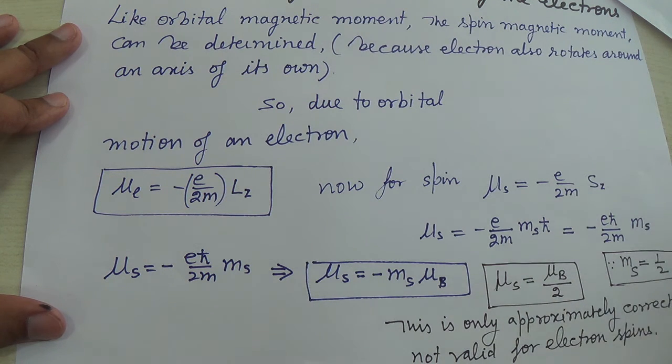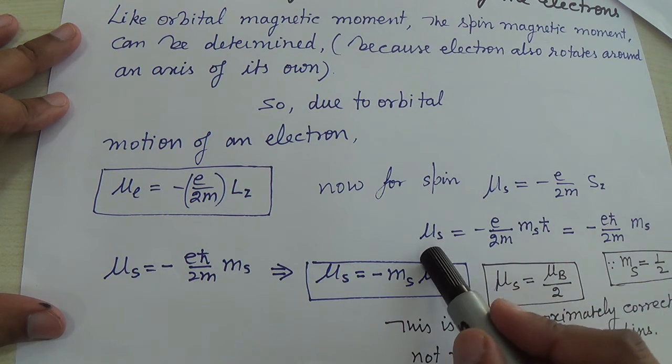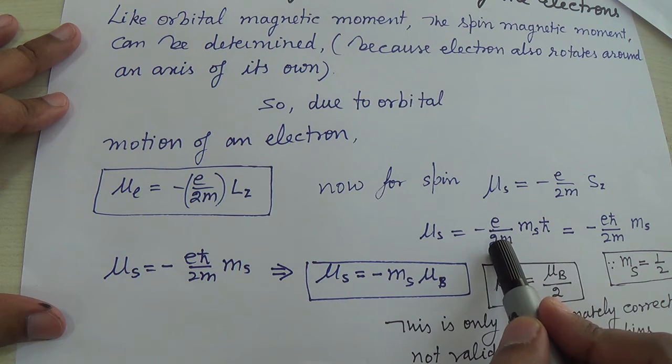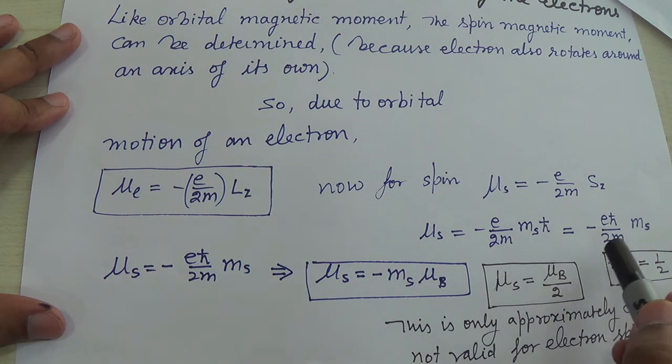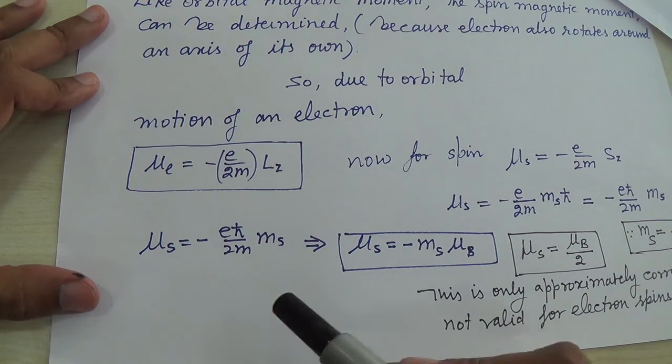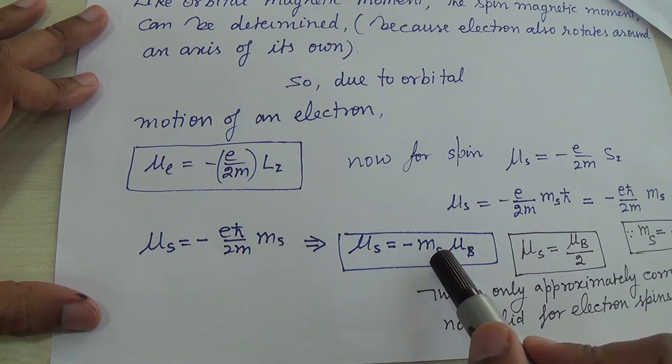Sz is the projection of the spin angular momentum along the z axis, which is either plus 1 by 2 or minus 1 by 2. You can write it as minus e h cross upon 2m into ms. So mu s is equal to minus ms mu b.